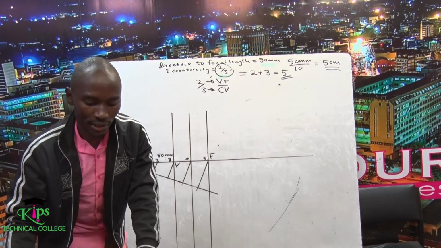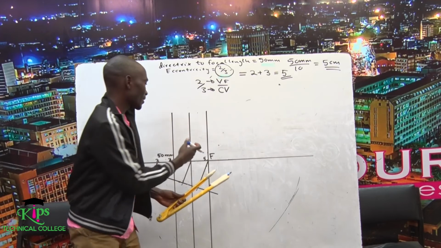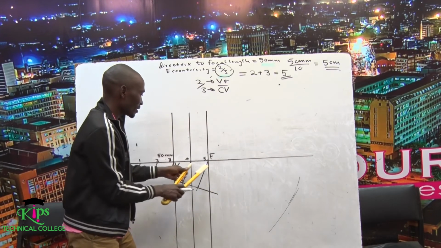From there, you can take up your compass and draw several lines using this distance.